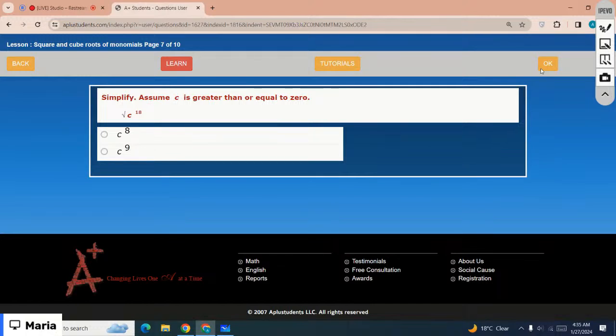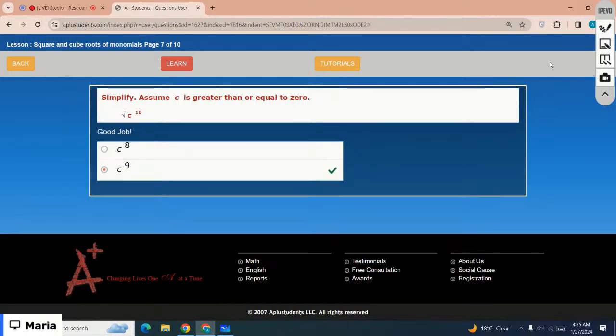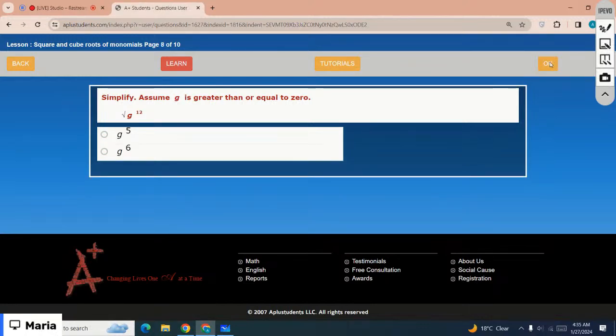Yes, that is c exponent 9, not u. The next one is simplify square root of g^12, which is the correct option?